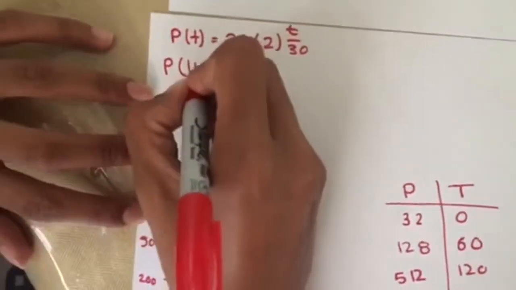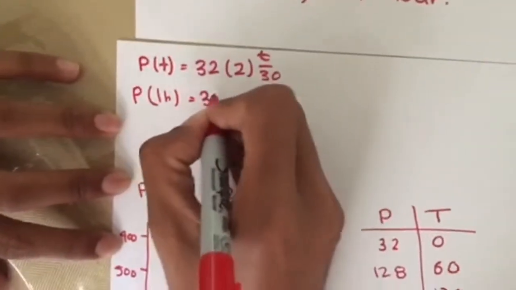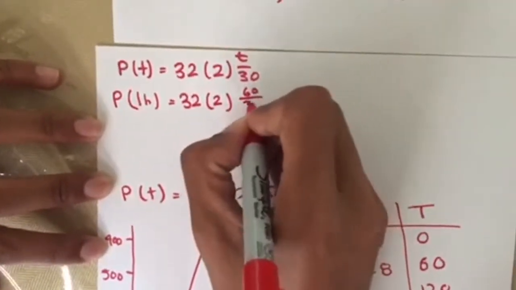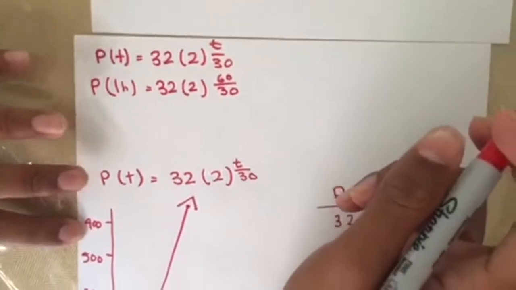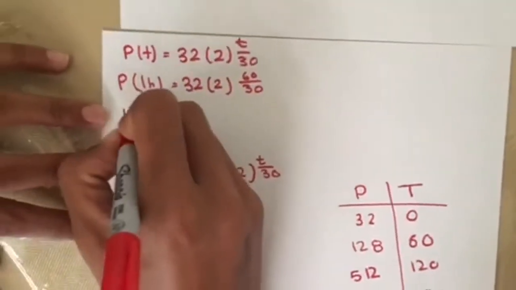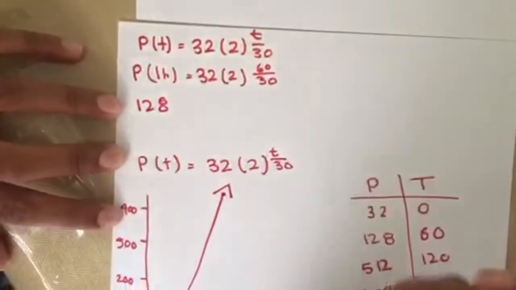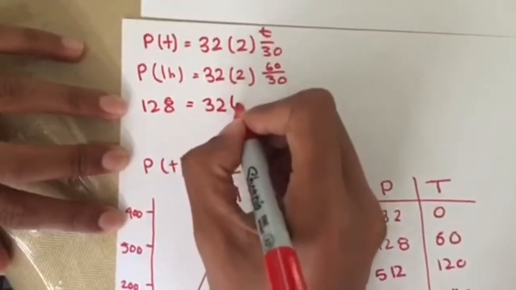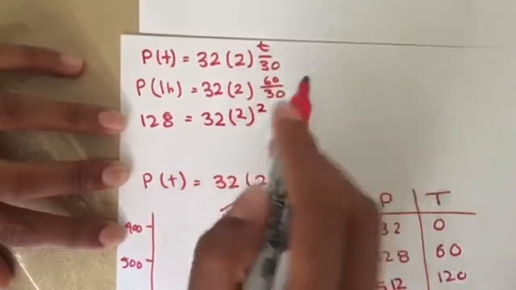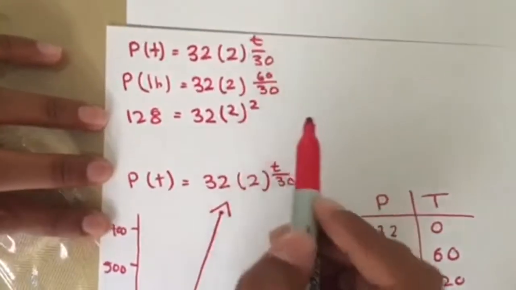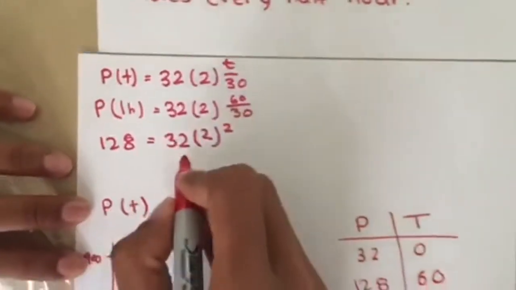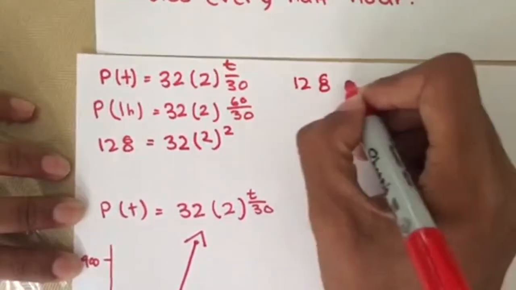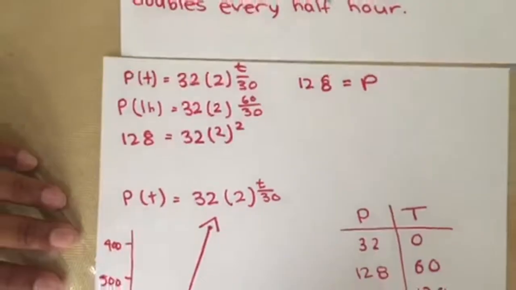So P(1 hour) = 32(2)^(60/30). Then it becomes 128, which is the population after 1 hour, equals 32(2)^2, because 60 over 30 is 2. And when you plug this into the calculator, you get 128 as your population.